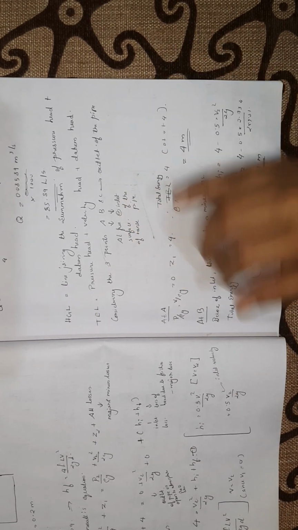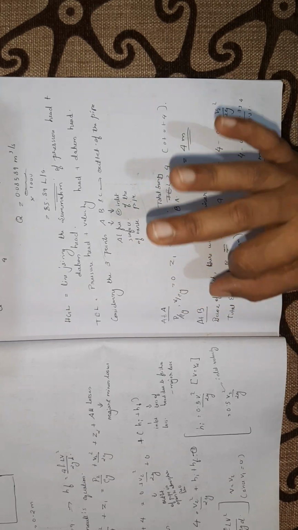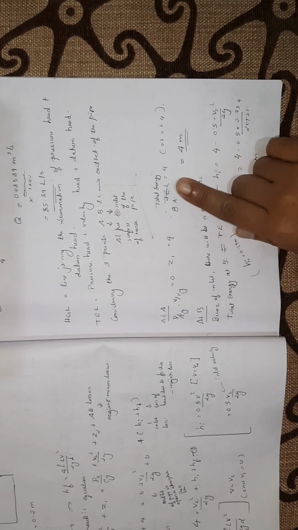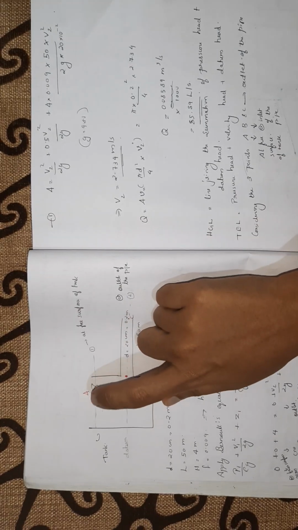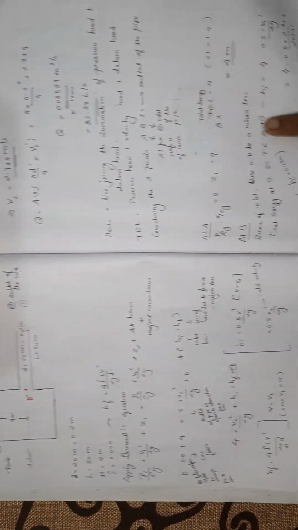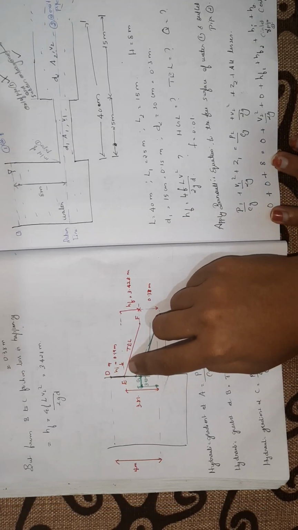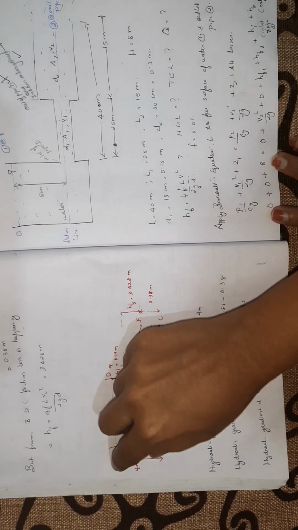We know total energy line is P1 by rho G plus V1 square by 2G plus Z1. So since the other two terms are 0, only Z1 is remaining. Our total energy at this point, that is at the point A, will be equal to 4. So we have to mark that point, that at this point it will be 4.